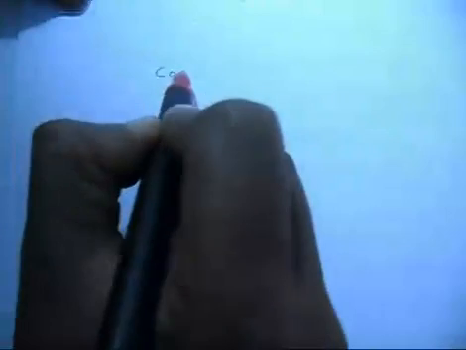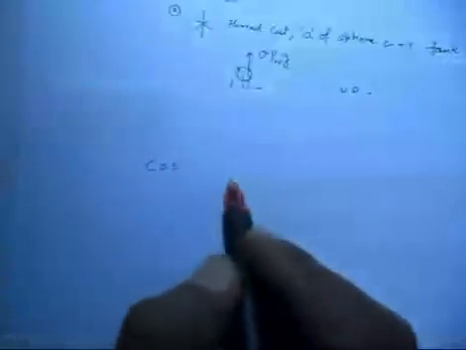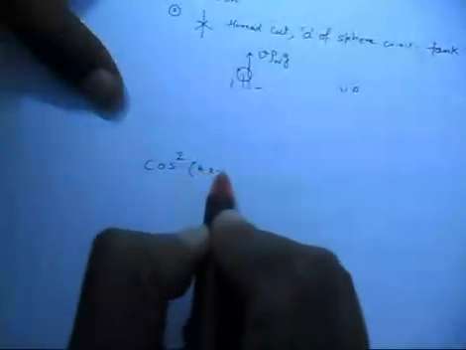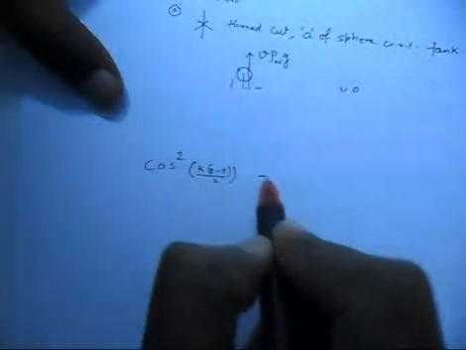So what is my condition? The condition is cos square of k(x minus y)/2 equals 0.